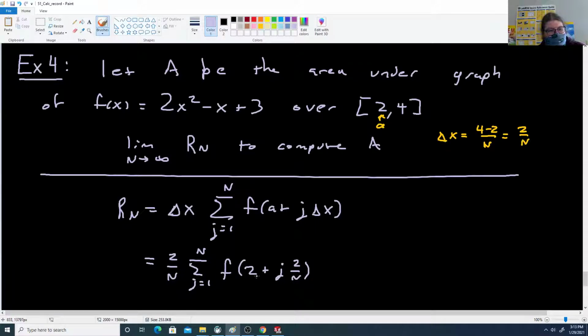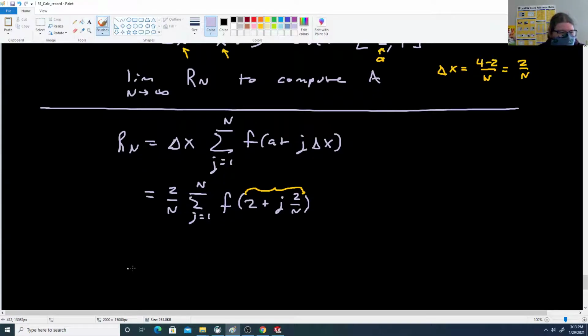So now I need to plug that into my function. So to do that, all of this is going to plug in for the x here and the x there. And then we're going to have to simplify that out, and that's going to take a while, I think. So we'll substitute into that function. So we get 2 over n series of j equals 1 up to n.